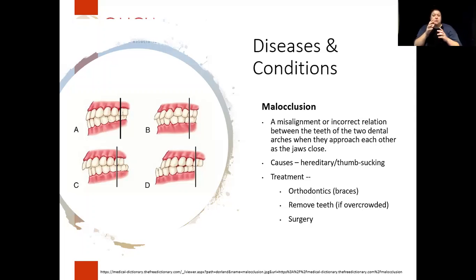Children who use a bottle for too long or who thumb suck, this is why they encourage parents to discourage that, because it will cause the child's teeth to get crooked. The way to correct that would be through orthodontics, or if the teeth are too crowded, they would remove some of the teeth, or through surgery if there's an overbite or an underbite.